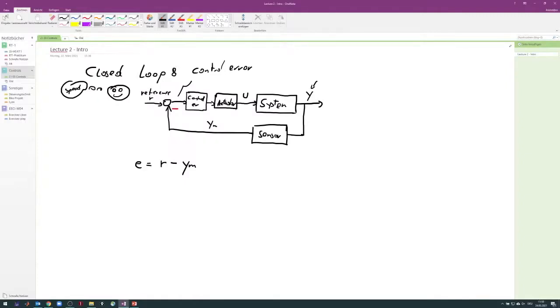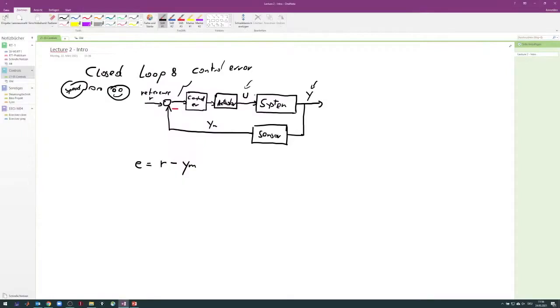Okay, so the important stuff here is that you, as a user, are setting just the reference, right? And you're getting out, hopefully, the speed. You are basically decoupled from your gas pedal now, and you leave the job of the gas pedal to the controller. Now, the important thing is, obviously, you should realize if I have a control error of 20 meters per second or 50 kilometers per hour, I cannot say, okay, I now need 50 kilometers per hour gas pedal position, right?